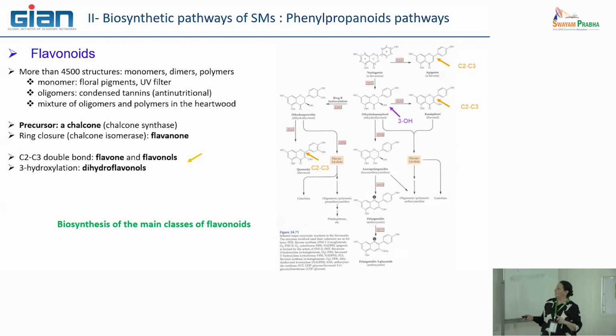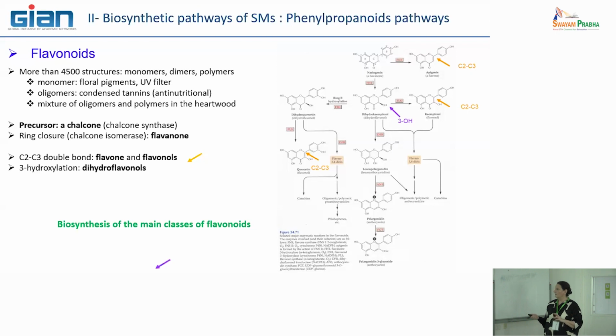And after, if you have some dehydroxylation, in particular here, for example, it means that you enter into what we call the dehydroflavonols. So just one modification is a way to make a dichotomic branch from a start point.